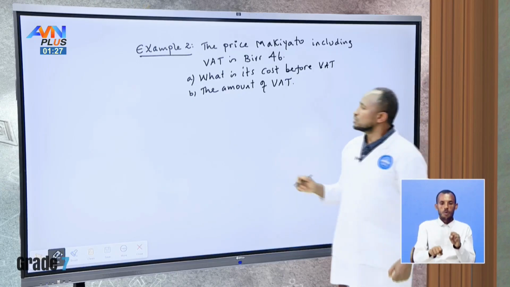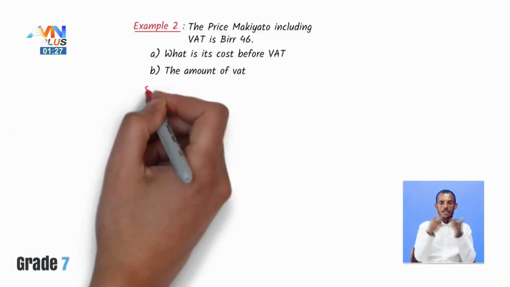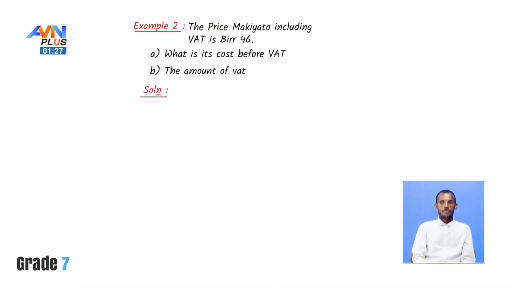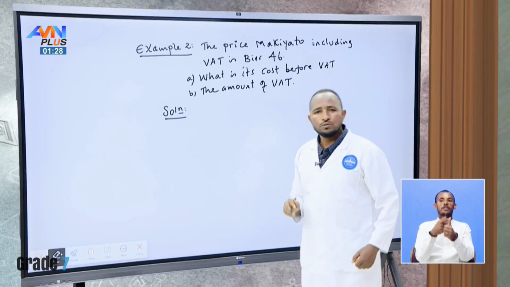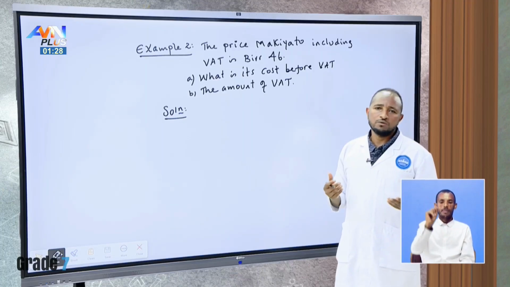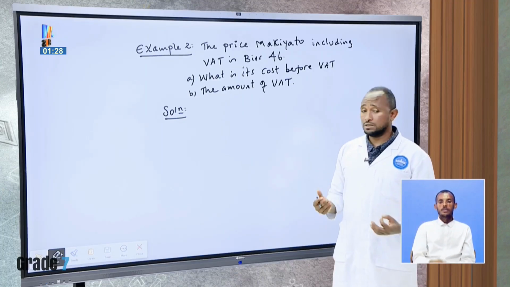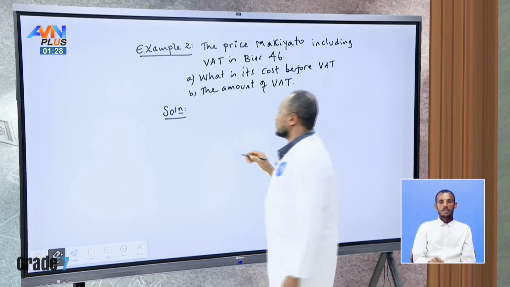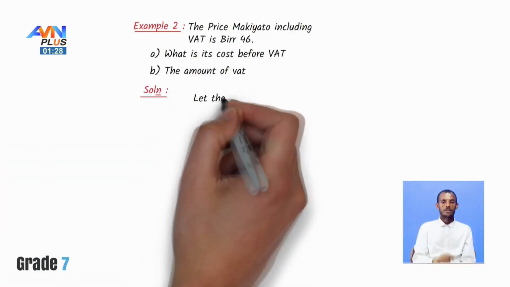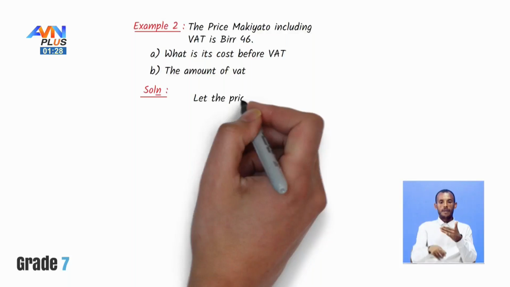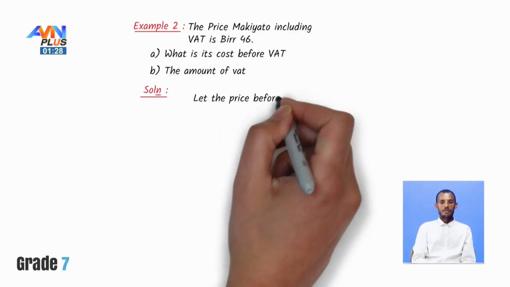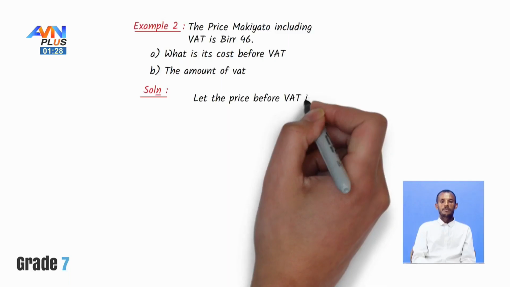To solve this, first, let's assume the price before VAT to be X. We don't know the price before VAT, so let the price before VAT be X.